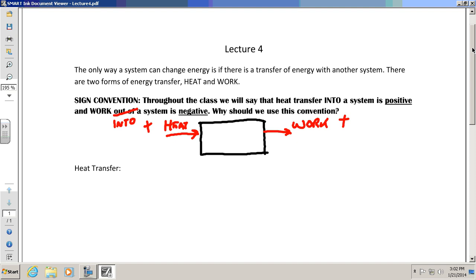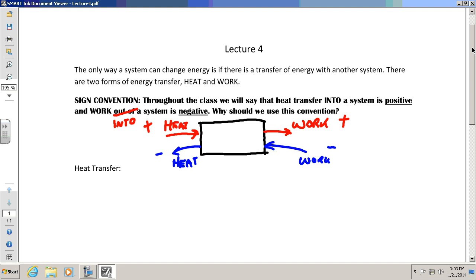Now, you can go the other way. If you have a system that takes work and gives you heat, the work in is negative and the heat out is negative. Okay? But on a day like today when it's cold, that's not all bad to take work in and get heat out. In fact, if you have a space heater in your home, that's exactly what it does.